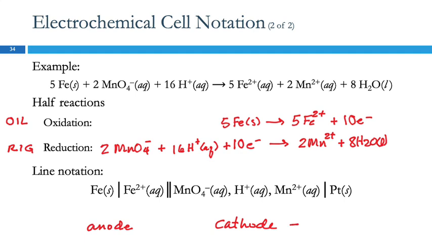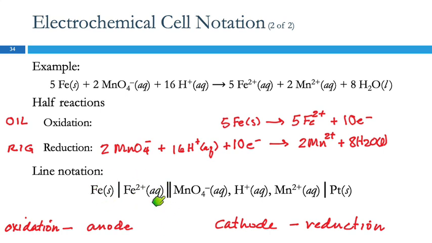This side is the anode, and this side is the cathode. The cathode is where the reduction is happening, right? Red cat. And the anode is where the oxidation is happening. So this is the oxidation. We've got solid iron and iron 2+, and those are the two things participating in this oxidation.